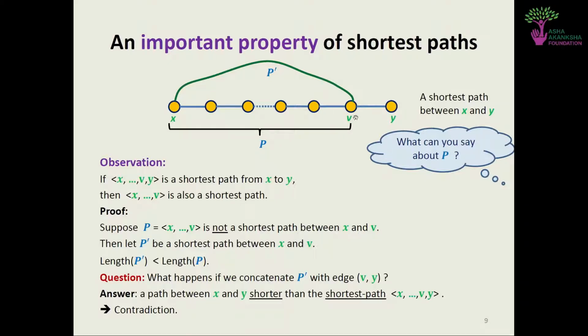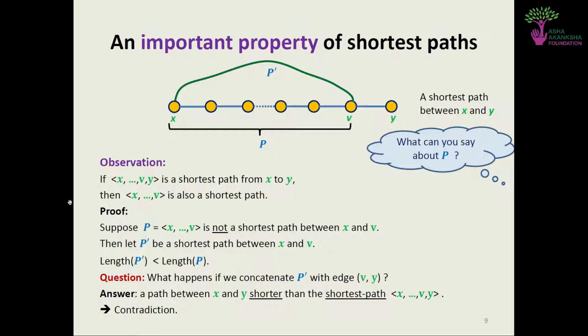But in that case, to find the path from x to y, we could have done p dash plus 1, because this edge only counts as 1. Since p dash is less than p from our assumption, p dash plus 1 would be less than p plus 1. So p dash plus this edge would be the shortest path from x to y.